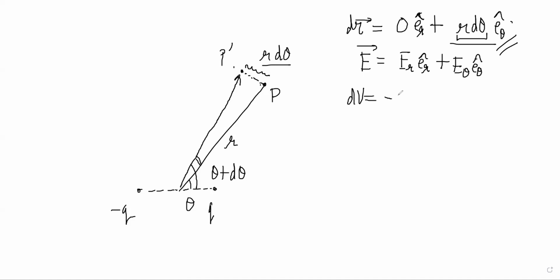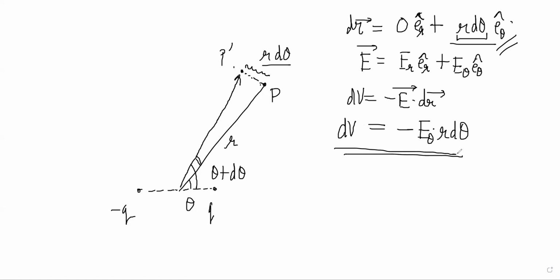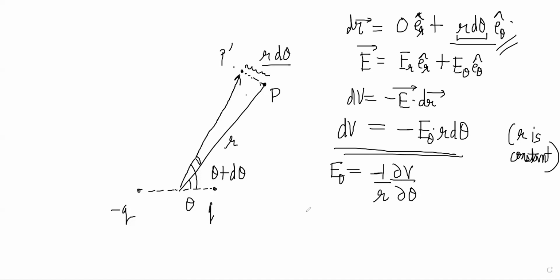So dV is minus E dot dr, and therefore you get minus E theta r d theta, right? But when you have moved like this, what has been kept constant? R is constant, right? You have not changed your radius, you have only changed angle. So now when we say E theta, we can say it is minus dou V by dou theta and 1 by r, right? This is a partial derivative of V with respect to theta, keeping r as constant.